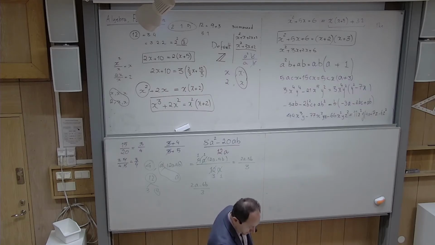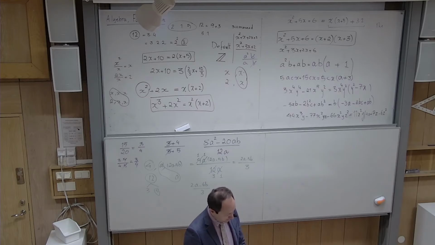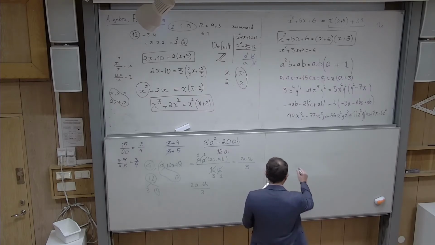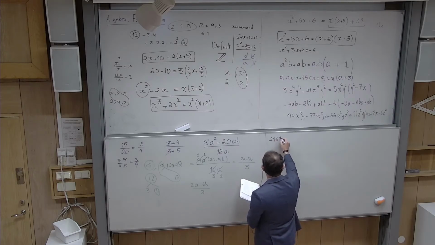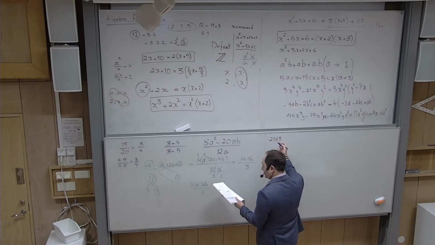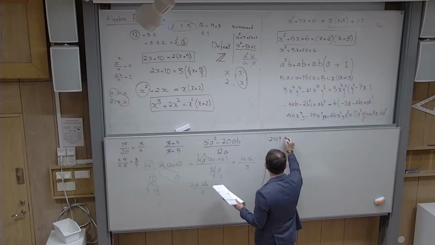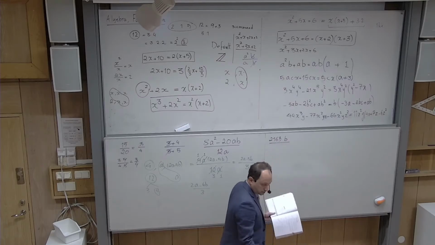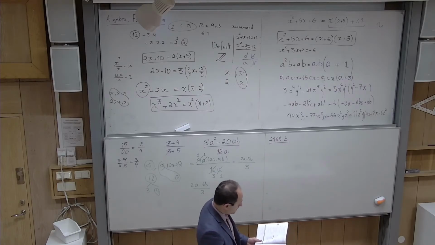There are good questions here, even some level 3 problems. But let me solve one. This is the problem in the book, 2163. Part A is easy. Let us just do part B together. The question is: simplify the expression as much as possible.